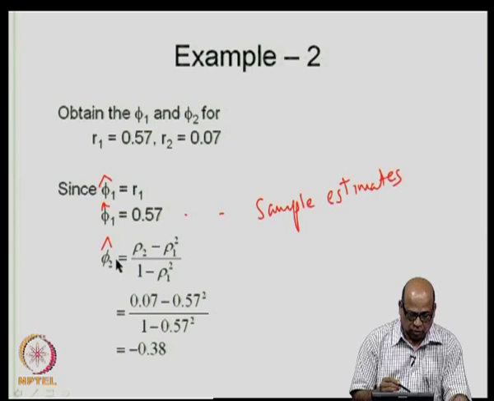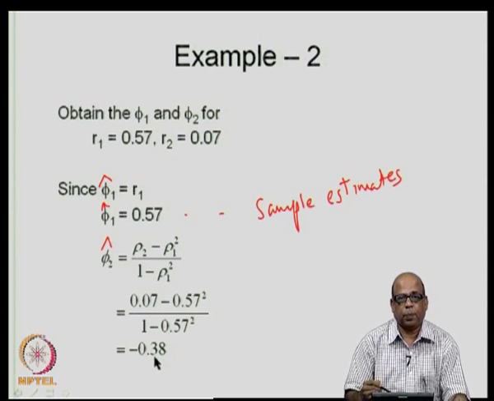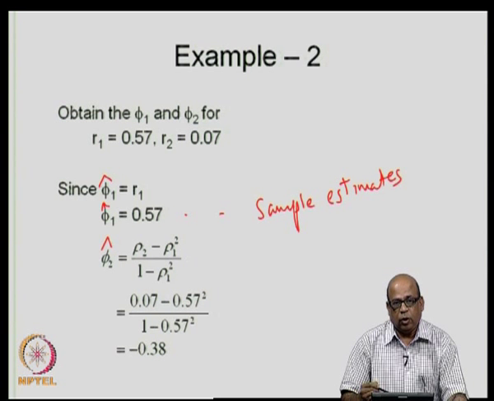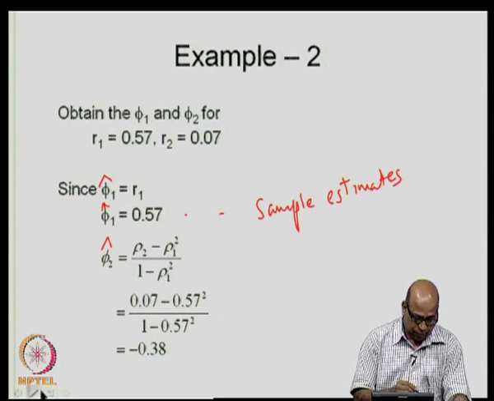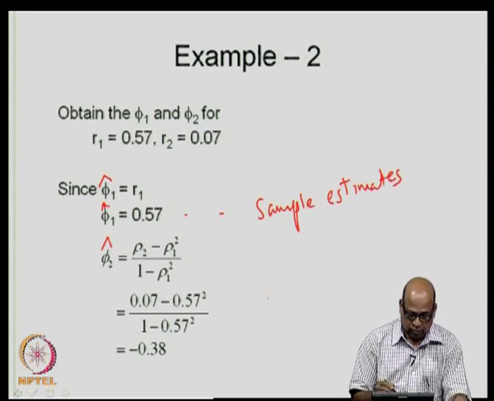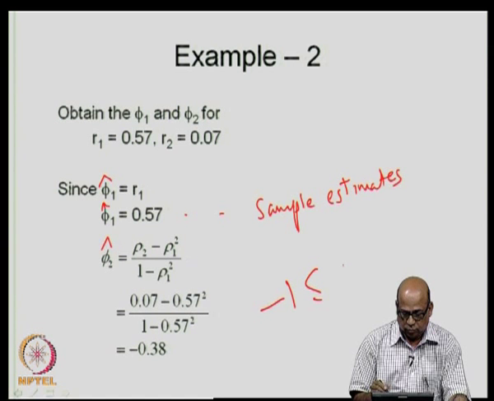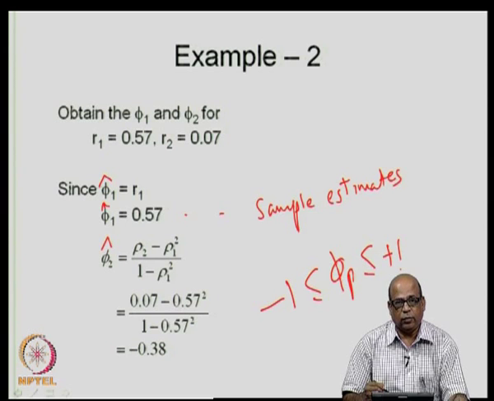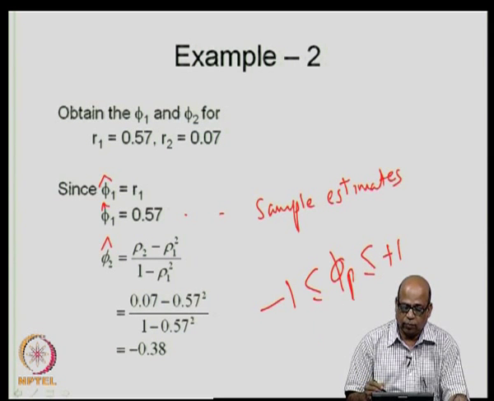So, you get phi 2 cap is equal to rho 2 minus rho 1 square by 1 minus rho 1 square, and rho 2 is R 2 here, 0.07 minus 0.57 square by 1 minus 0.57 square, which is minus 0.38. The partial autocorrelations, being correlations by themselves, will have a range of minus 1 to plus 1. They are also like correlations, they vary between minus 1 to plus 1 for all p.